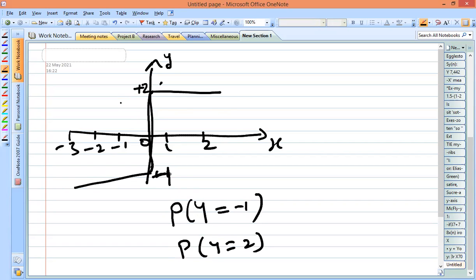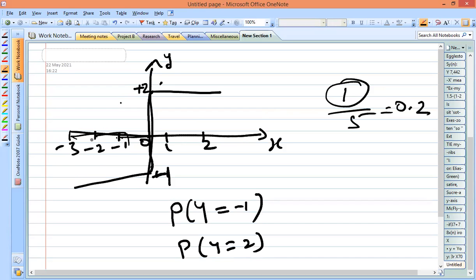When you take y equal to minus 1, the value moves towards the negative x-axis, where the random variable x is distributed from 0 to minus 3. So we have 3 units. The total probability is equal to 1, and the total number of units is 5. Dividing the 1 among the 5 units yields 0.2.